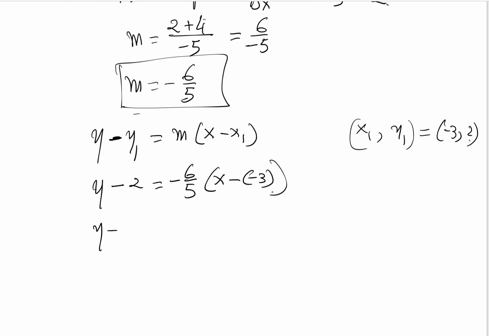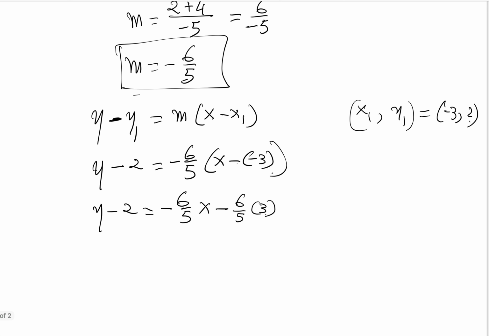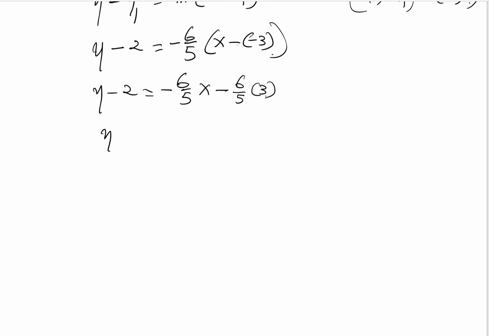So y minus 2 is equal to -6 divided by 5 times x. Negative times negative is positive. With the negative, it will become negative. So you will have -6 divided by 5 times 3. Got it? And now you can have y minus 2 is equal to -6 divided by 5 x, and then you can have a -18 divided by 5 because 6 times 3 is 18.